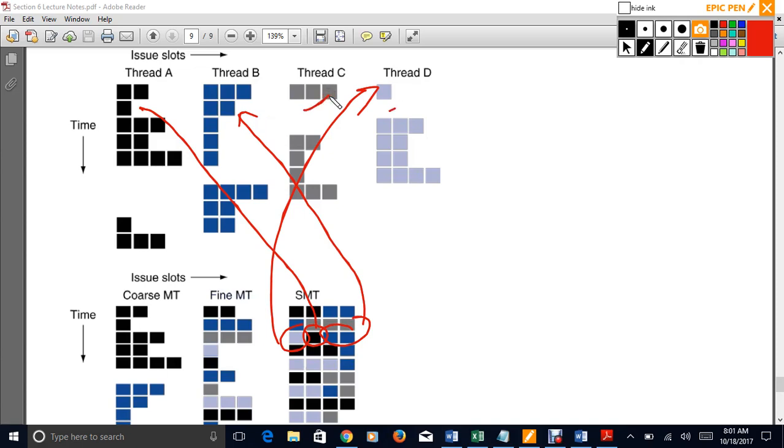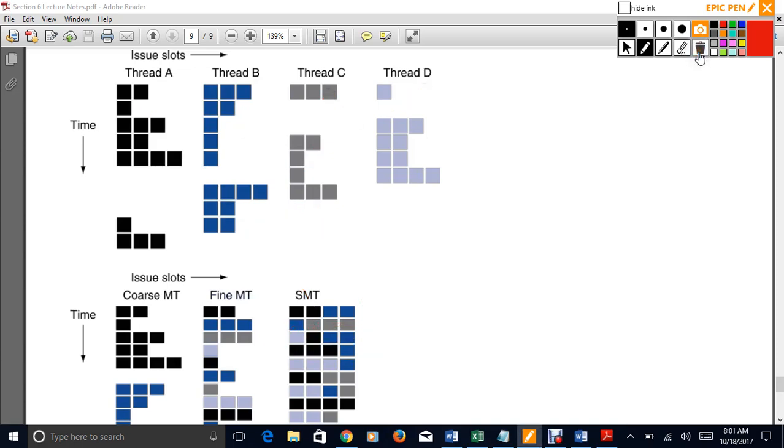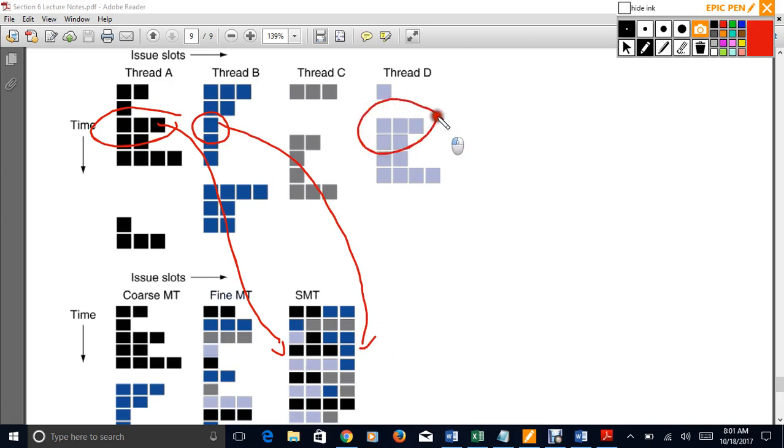Now there's nothing and there's nothing, so the next 3 are here. And then thread D, these 3 here are there. So it's basically filling them all together. It requires a good amount of overhead, but you're improving your throughput.